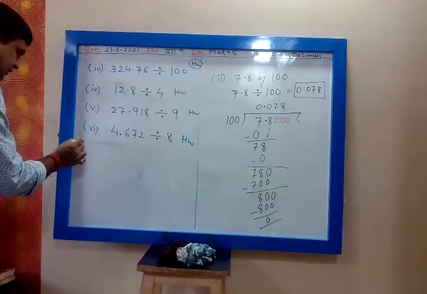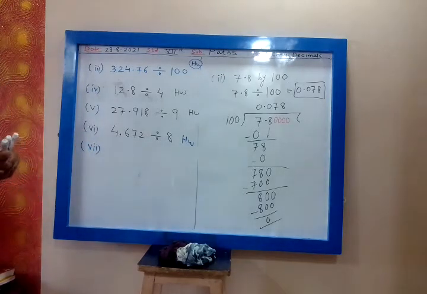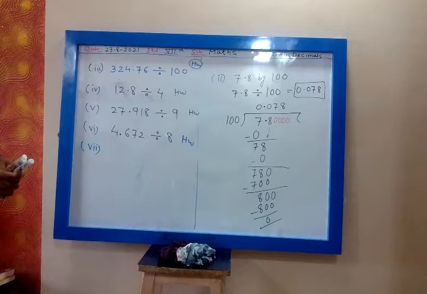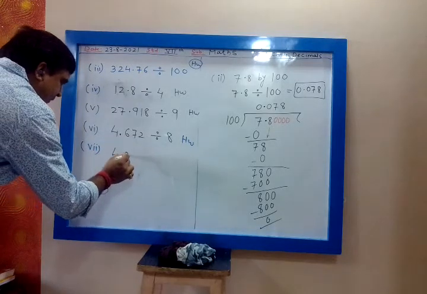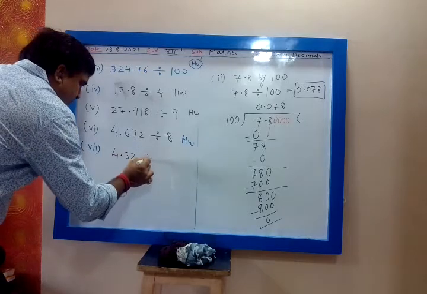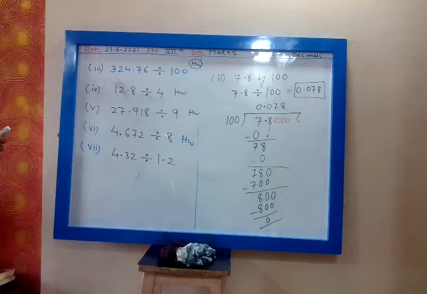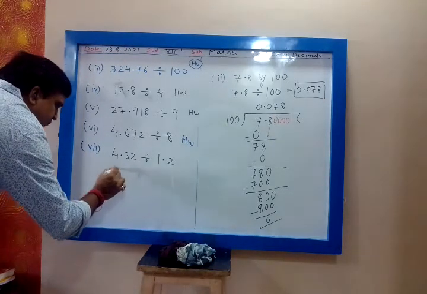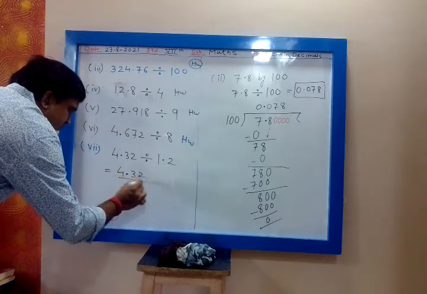Then seventh, 4.32 by 1.2. Let me do this. 4.32 divided by 1.2. So this is same as 4.32 divided by 1.2.